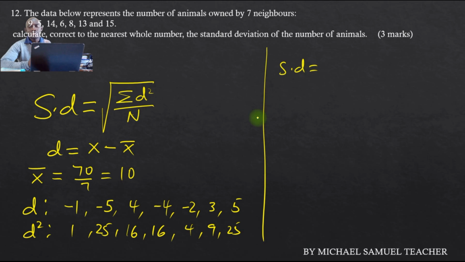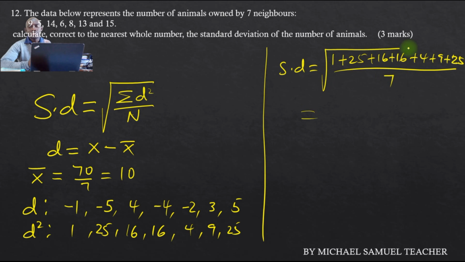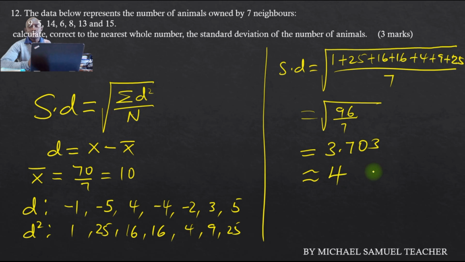Therefore, standard deviation will be the square root of 1 plus 25 plus 16 plus 16 plus 4 plus 9 plus 25, divided by 7. So this will be 96 over 7, and we get 3.703. But to the nearest whole number, it will be approximately 4. That is the nearest whole number.